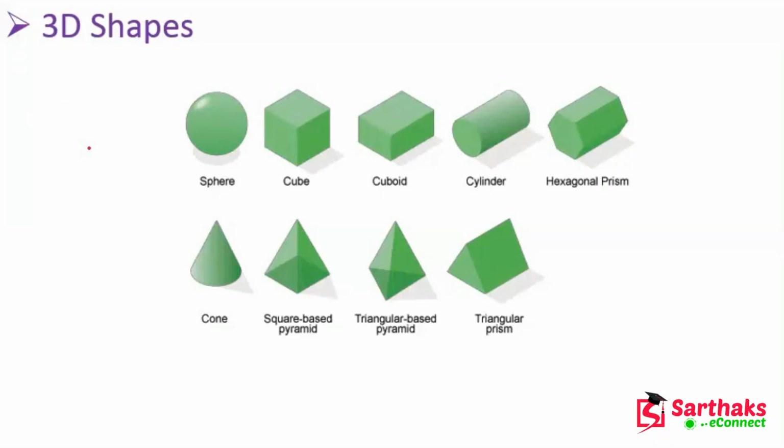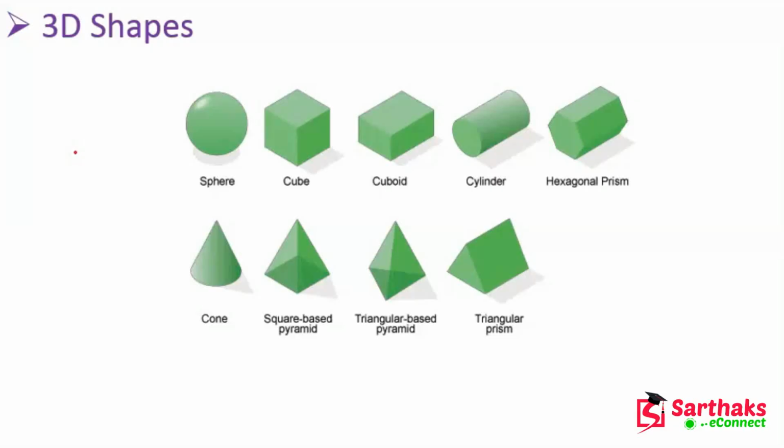In geometry, three-dimensional shapes, or 3D shapes, are solids that have three dimensions: length, breadth and height. Whereas two-dimensional figures have only two dimensions, like length and width or breadth.